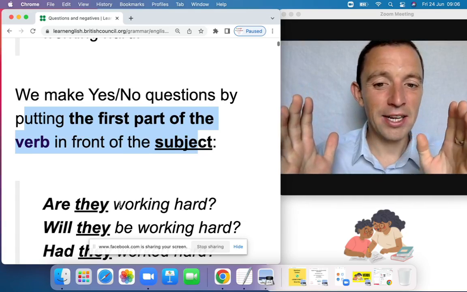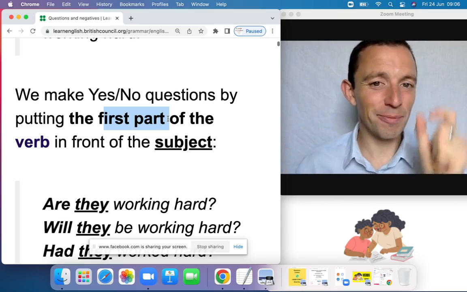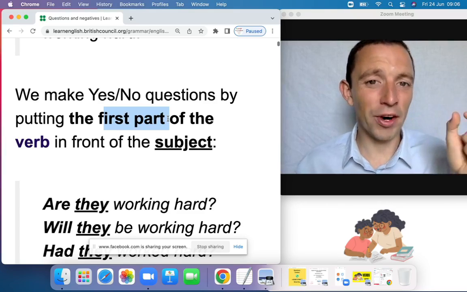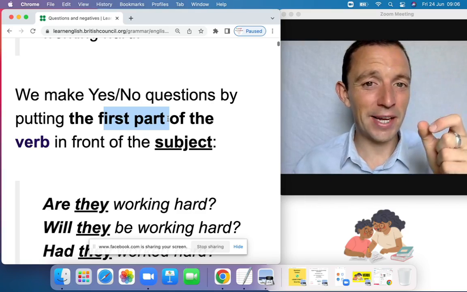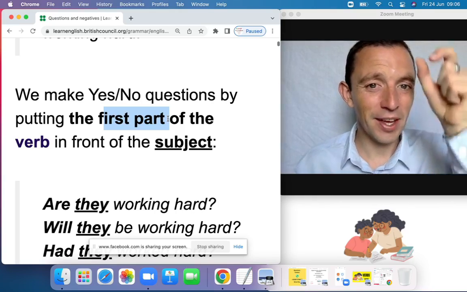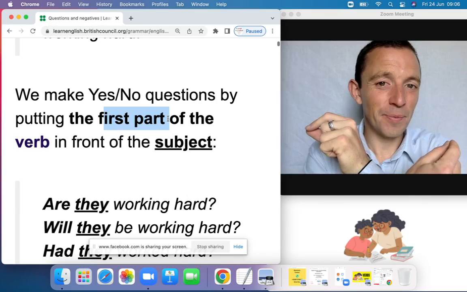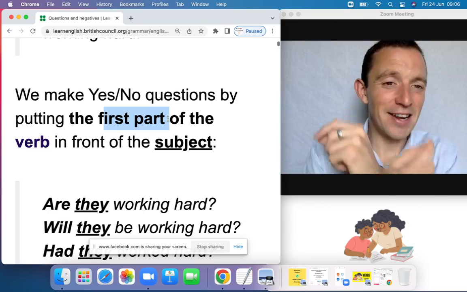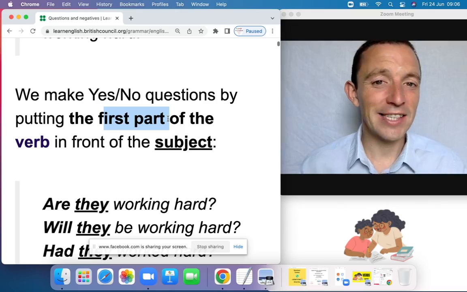The first part of the verb is are. This is considered the auxiliary. They are working hard is the affirmative present continuous. The first part of the verb is the verb to be, are. This is the auxiliary, so we put that at the beginning to create the question. Therefore, are they working hard? is the question with the answer yes or the answer no.